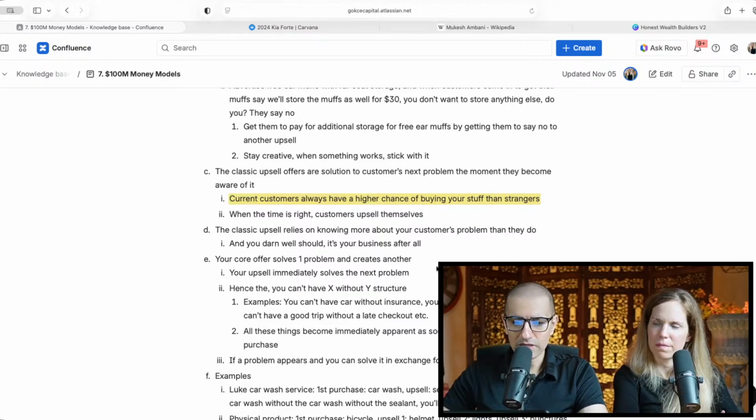Buyer receives utility roadmap. New problem: should I get a survey? Upsell, survey coordination service. Buyer buys survey. New problem: now I should fence it. Upsell, fence vendor referral plus discount. Buyer moves forward. New problem: title protection. Upsell, title monitoring.